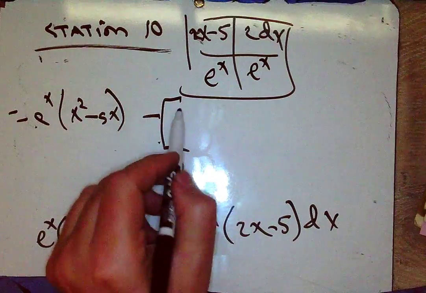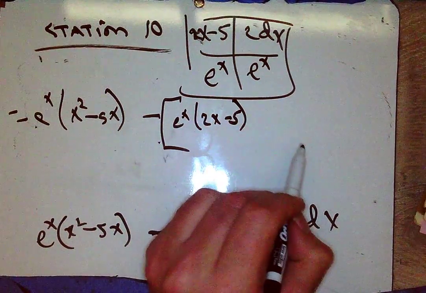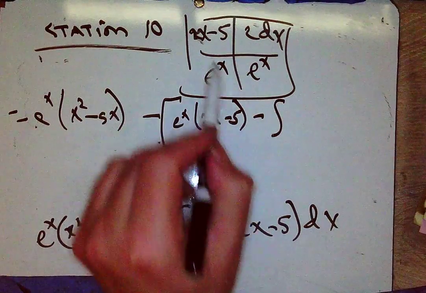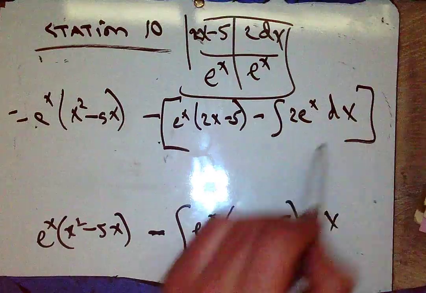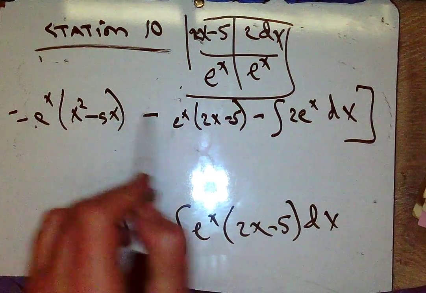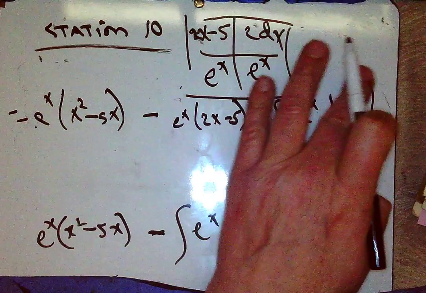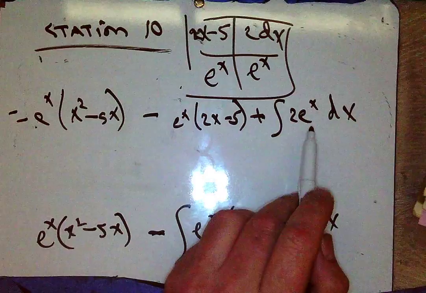This times this minus the integral of this times this. Well, let's distribute that negative sign. And now here, I should be able to do that antiderivative.